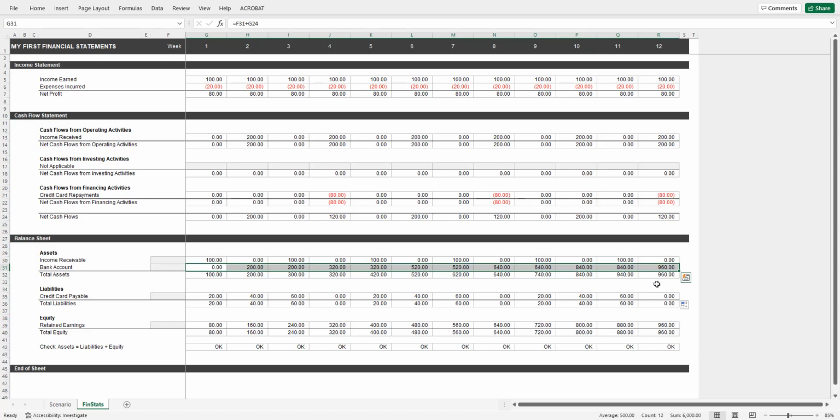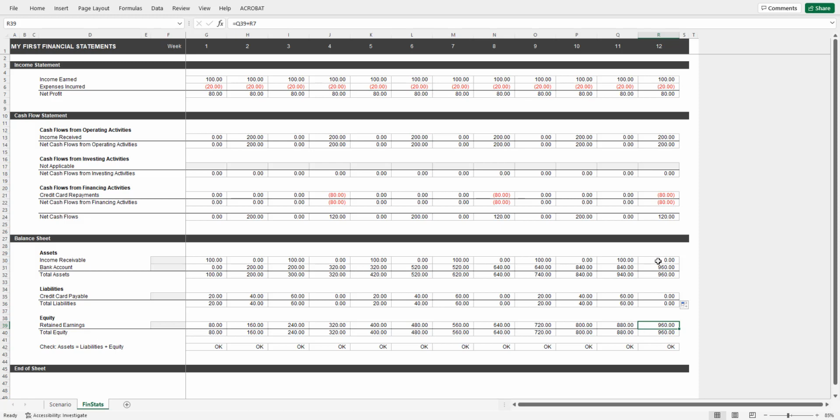And we see now that by the end of our 12-week period, after we're earning our income and incurring our mobile phone expense and actually doing the cash flows, by the end of the 12 weeks we'll have $960 built up in our bank account, and that's equal to effectively the total of our net profits.